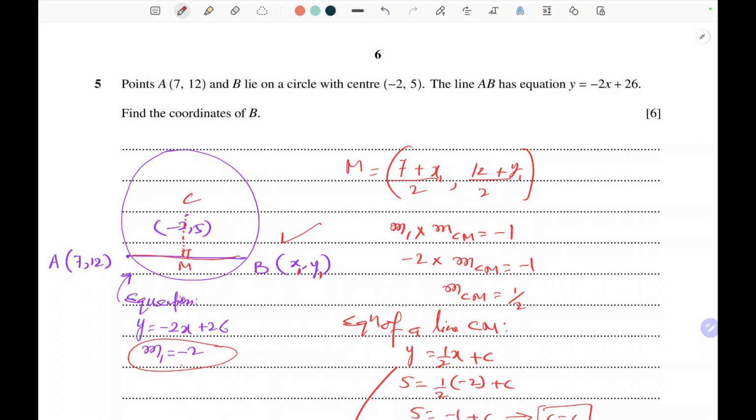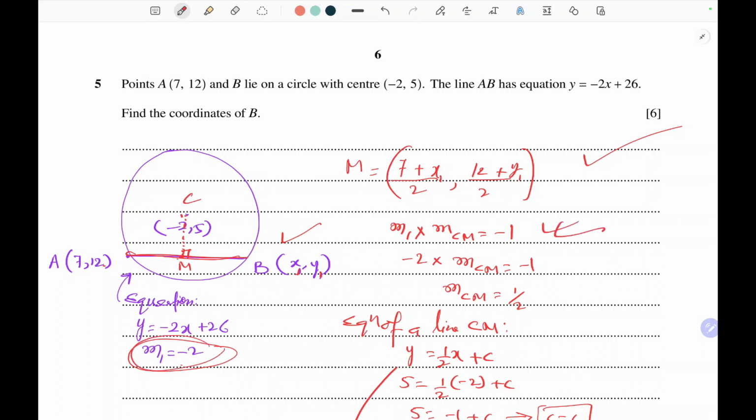Okay, now M is the midpoint, because if you join the center to the midpoint of AB, then it will be perpendicular. So we can find the midpoint, which is ((7 + x1)/2, (12 + y1)/2). Now since the lines AB and CM are perpendicular, the product of gradients should be -1, right?